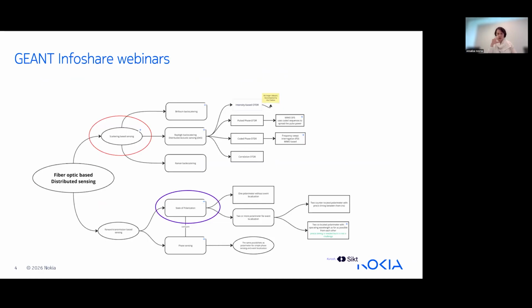Among the sensing techniques, SOP is a part of the forwarding technologies. But during this speech, I would like to show you that SOP-based sensing is not only related to the forwarding, but also, in some cases, to the backscattering.